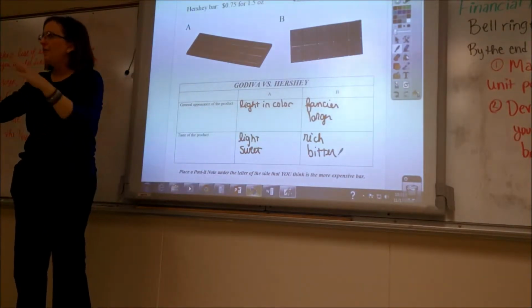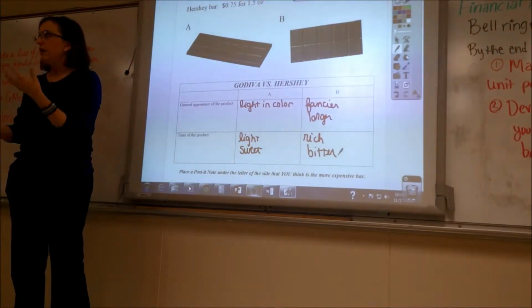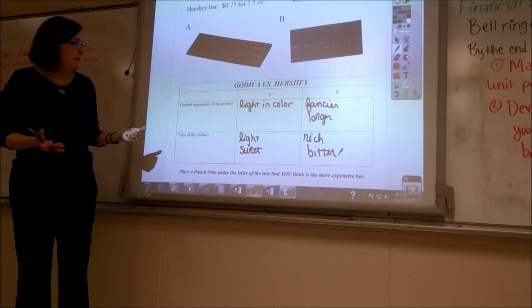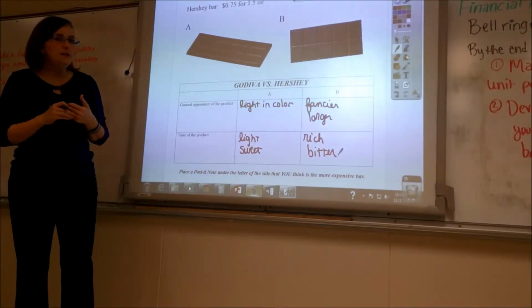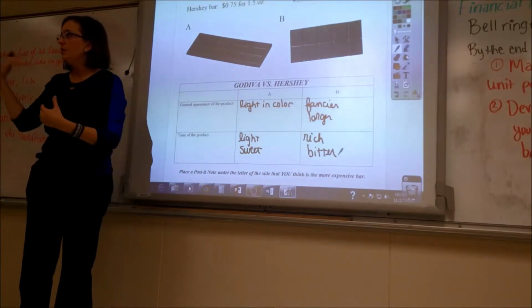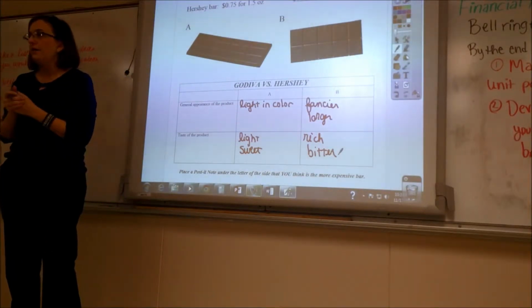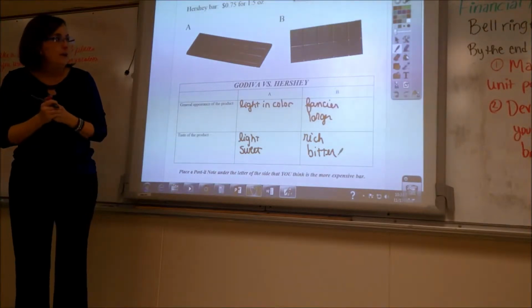That way, everybody's kind of voting on it. You're ranking which product you like better. Okay? Then at the end, when everybody has voted or ranked their products, I'm going to tell you which one was the more expensive product, not the better product. Okay?